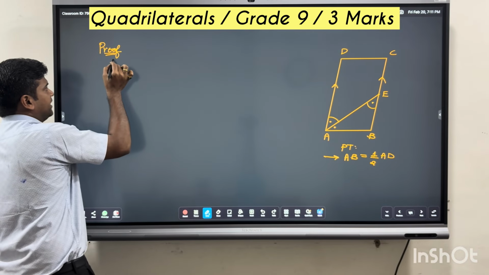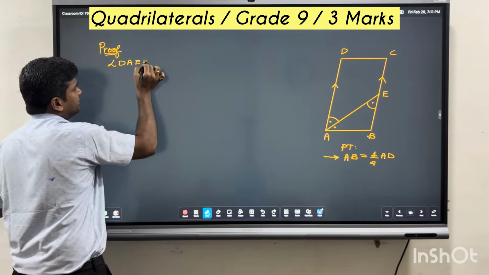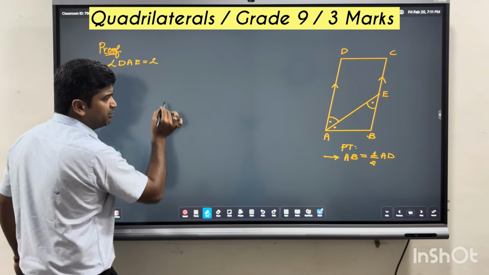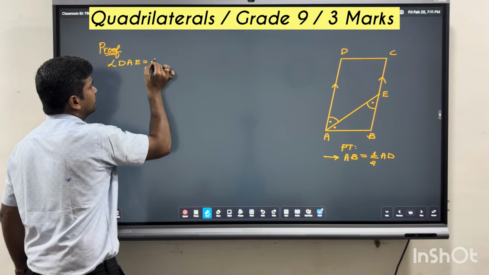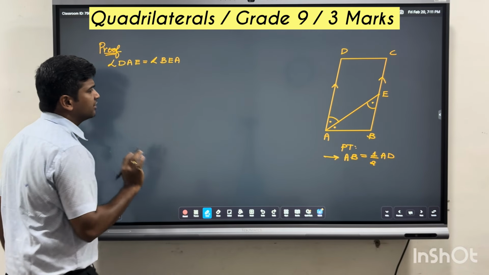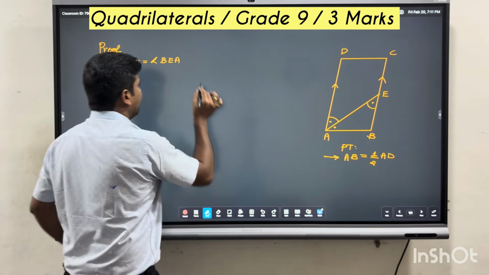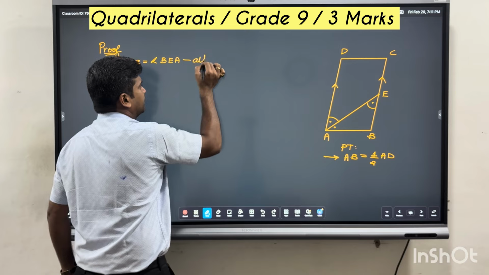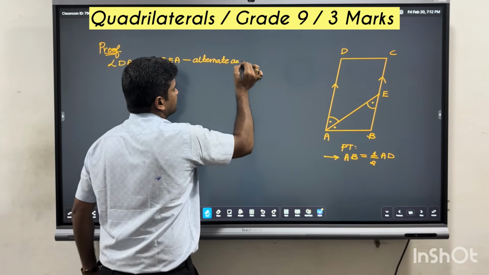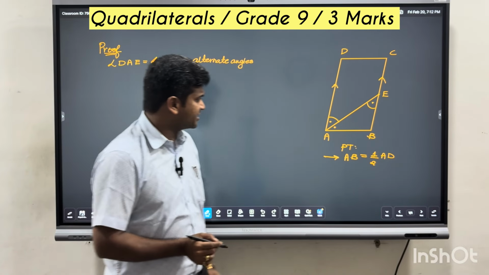So I can say that angle DAE is clearly equal to angle BEA. Reason: alternate angles. What comes next?